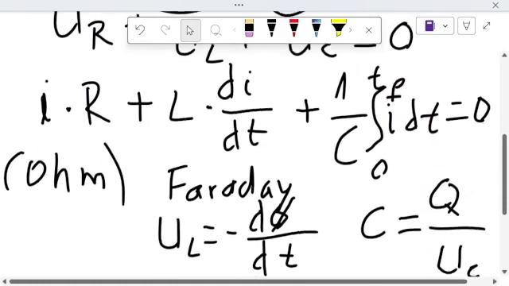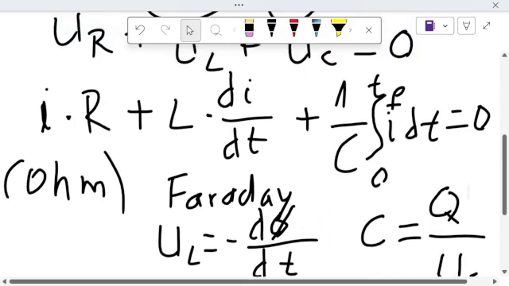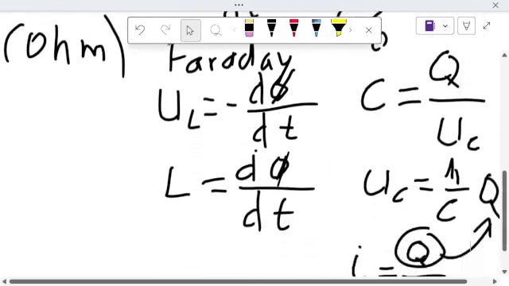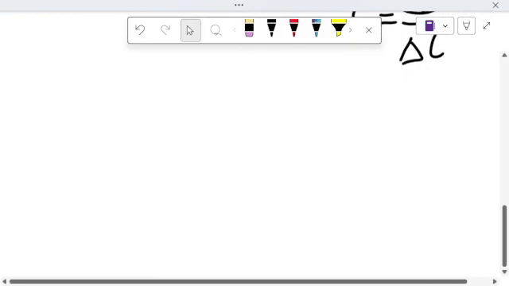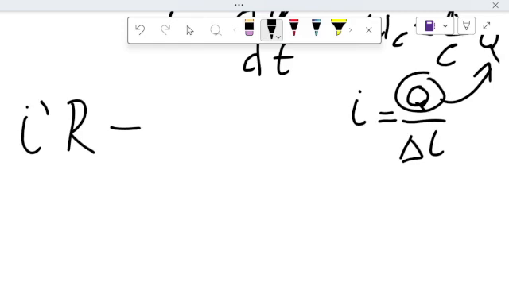So now we can take the first derivative of that simple equation, and let's write. First, multiplied by resistance, plus.